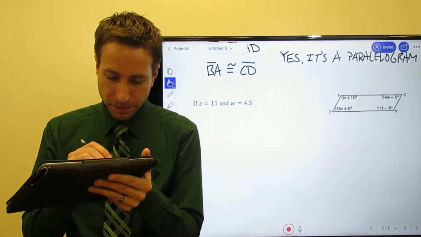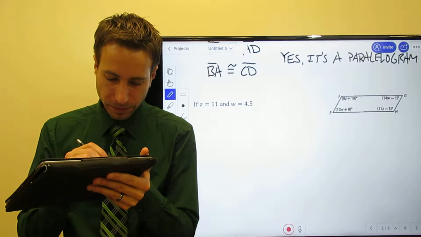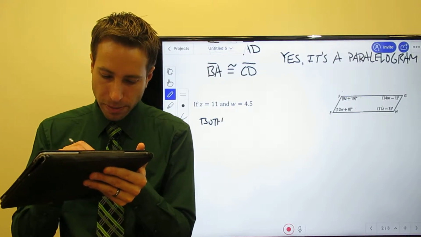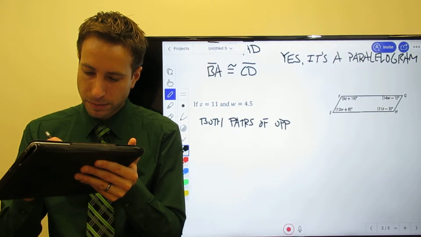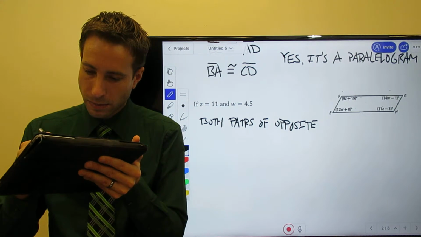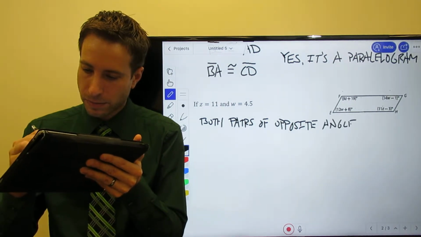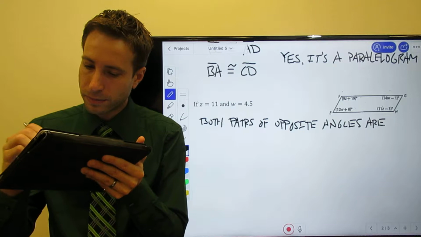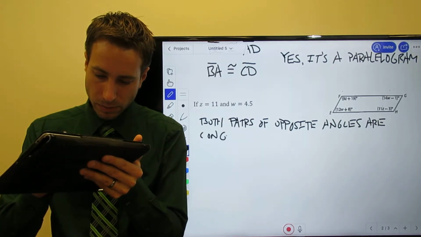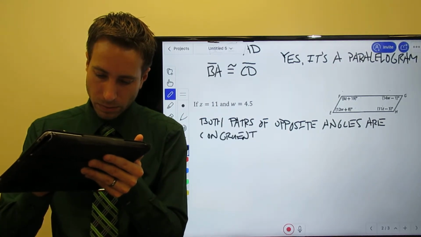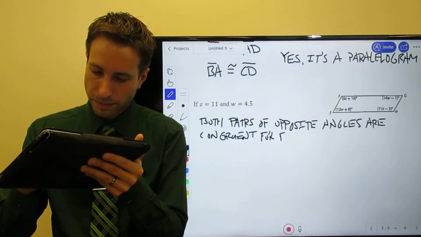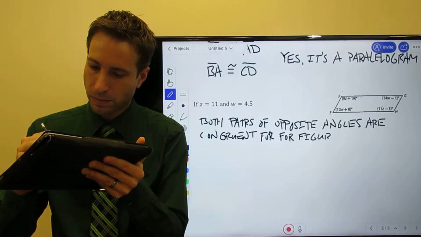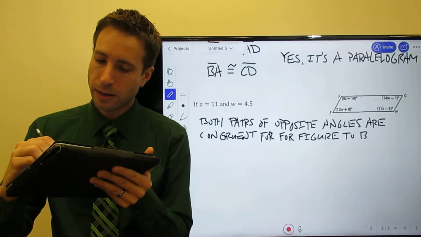I have to show that both pairs of opposite angles are congruent for the figure to be a parallelogram.